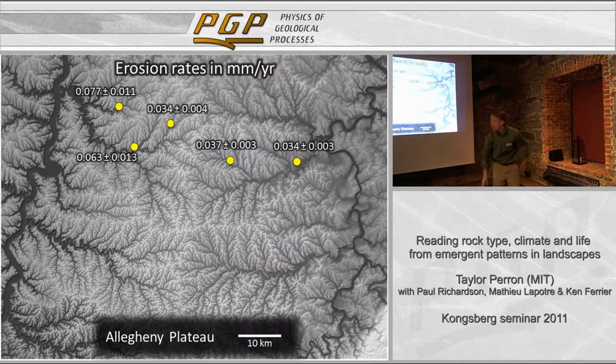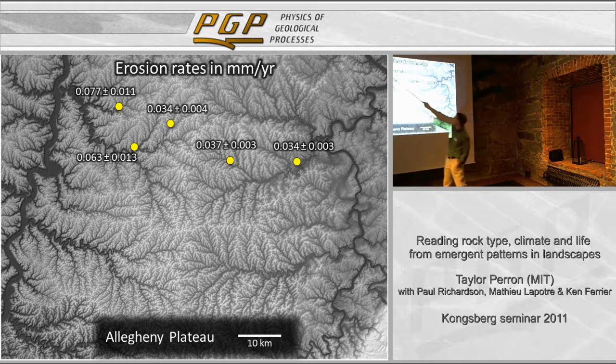And in the Allegheny Plateau, where we have to be a little bit more careful because we know there's a spatial gradient in erosion rates, or at least we guess there should be. This is the Ohio River over here, which reversed its direction about 1 million years ago due to a glacially dammed lake. And due to that increase in drainage area, where it suddenly became the main stem river instead of the tributary, it started to incise vertically more rapidly.